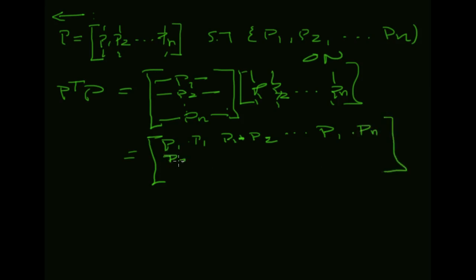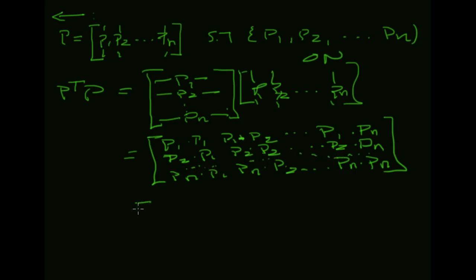And then this gives me P2 dot P1, P2 dot P2 out to P2 dot Pn, and then I should get Pn dot P1, Pn dot P2 out to Pn dot Pn, right?